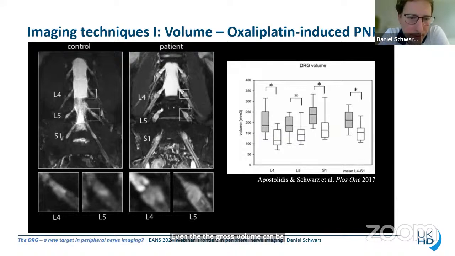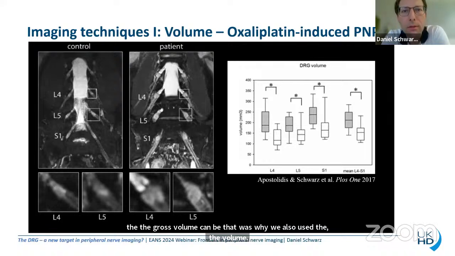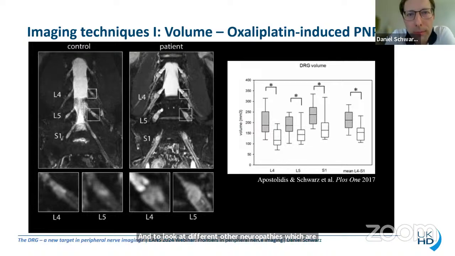That was why we also used the volume to look at different other neuropathies which are known to be linked to neuropathy and pain, especially chemotoxic effects. And pain is, of course, one of the most important reasons why chemotherapy is often suspended during therapy.